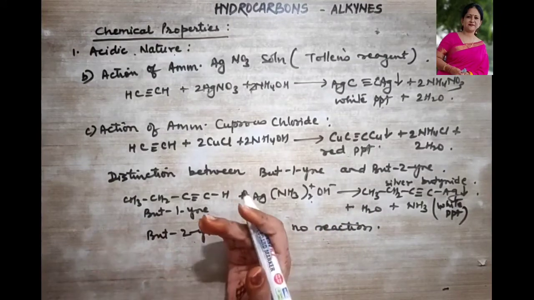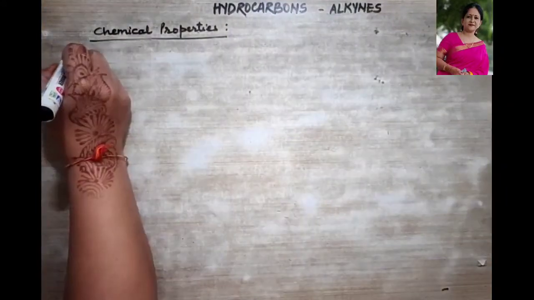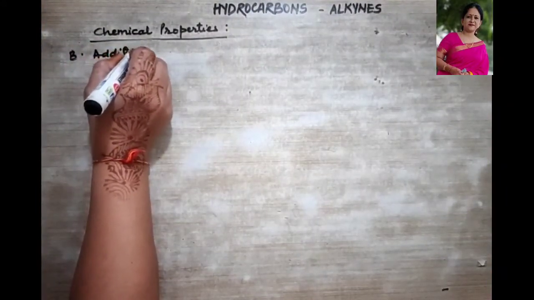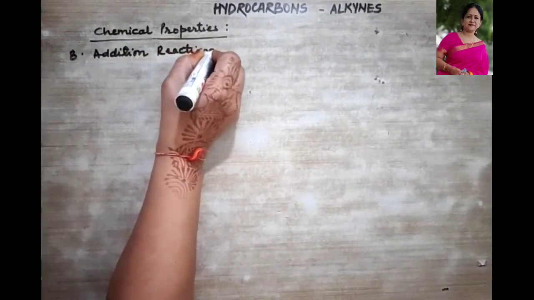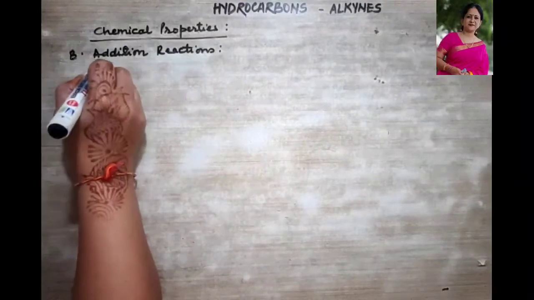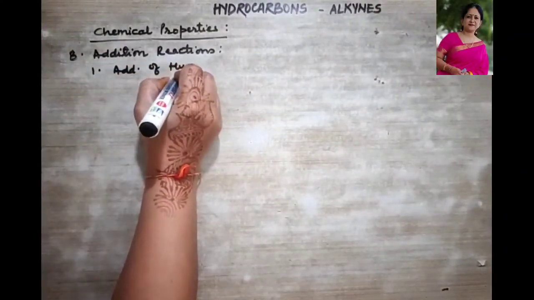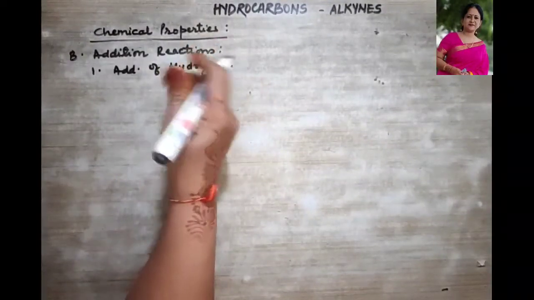Now, next we are going to discuss addition reactions. Now let us talk about addition reactions. Okay, so the first one is addition of hydrogen. So now alkynes show two steps.